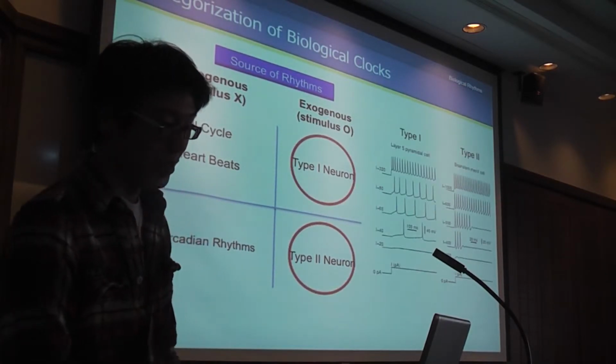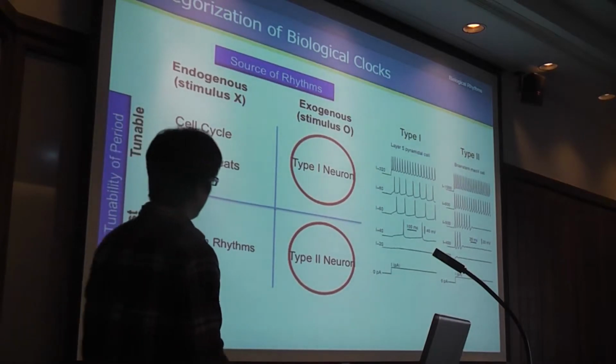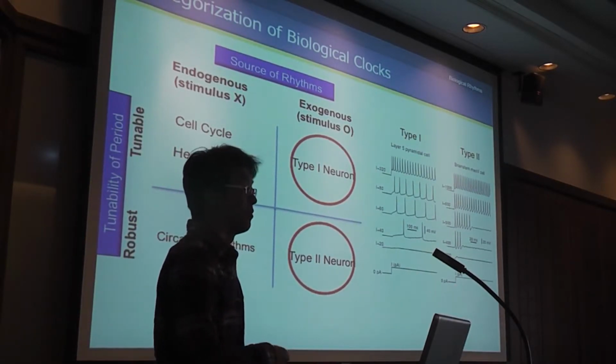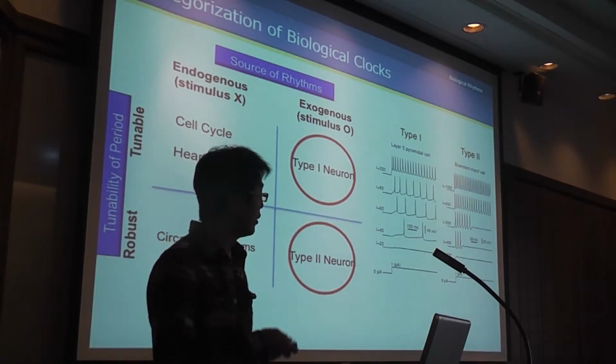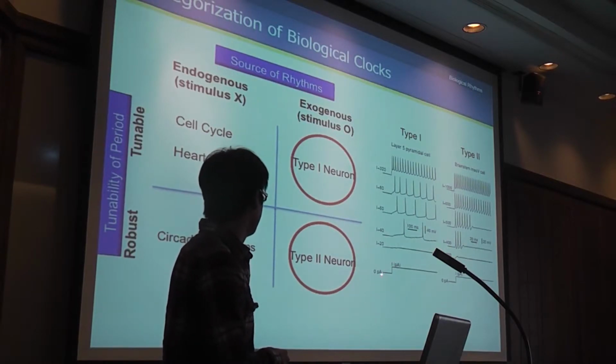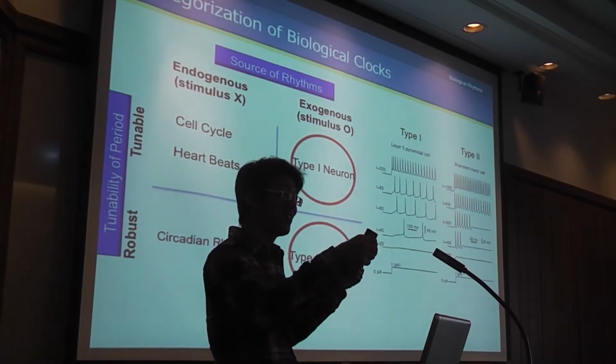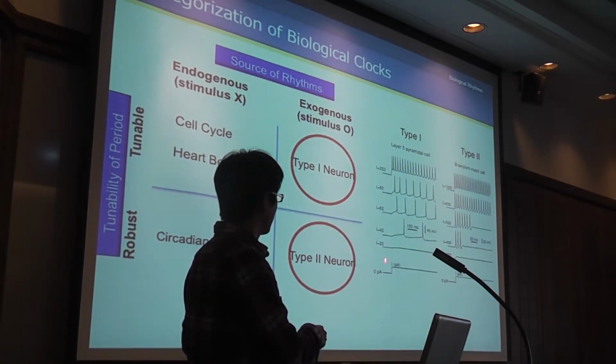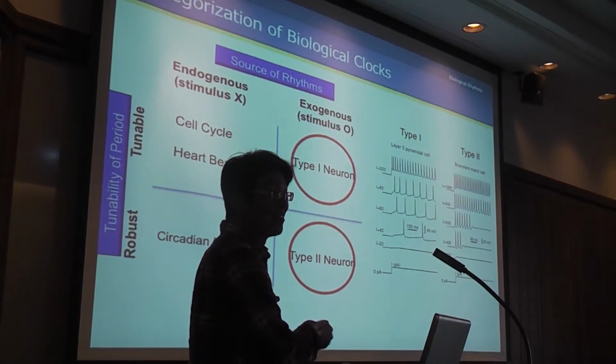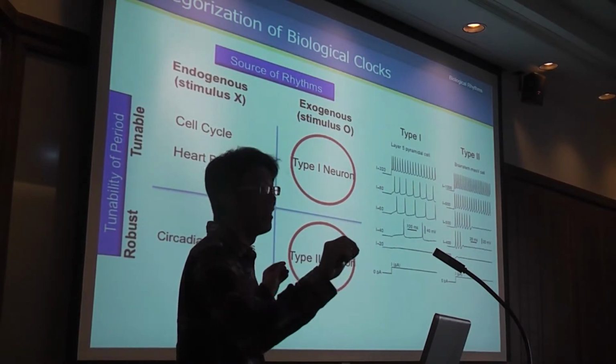So here are examples. This is an oscillation of action potential in your neurons. This is how we apply the external current to your neuron. So they spike, the neuron. Without any external current, they are in a rest state. They don't do anything.